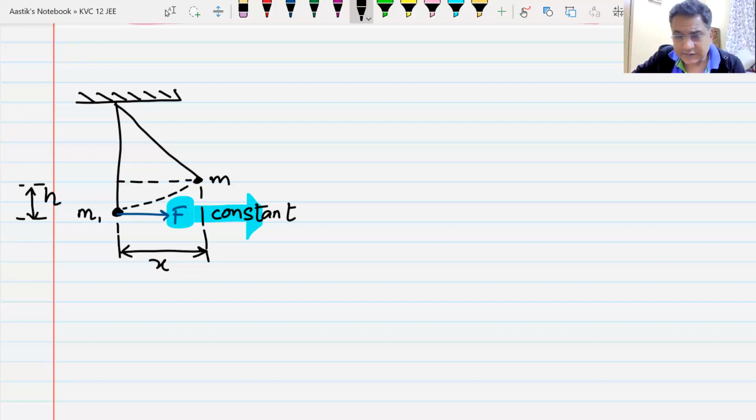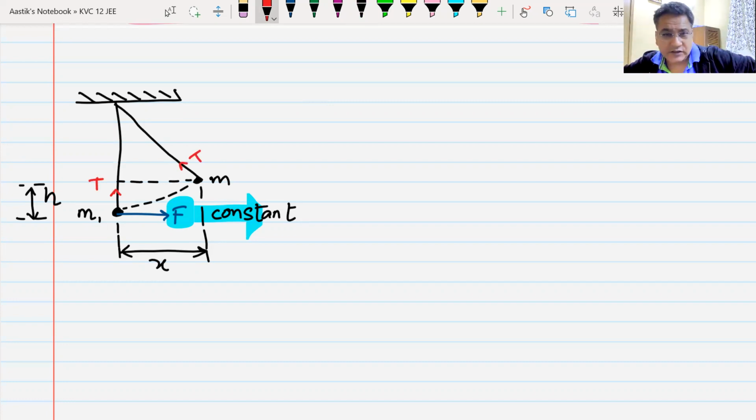Do we have the answers? First thing first, what is the easiest one? All of them are easiest. What is the work done by tension of this string? Tension may not be same also.